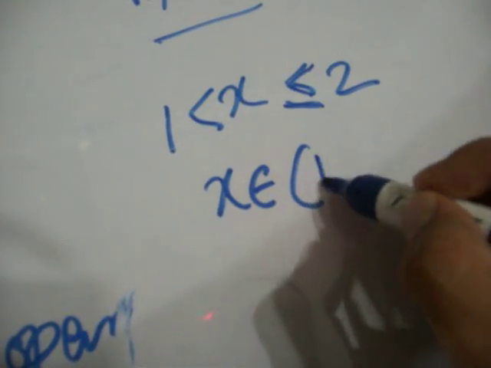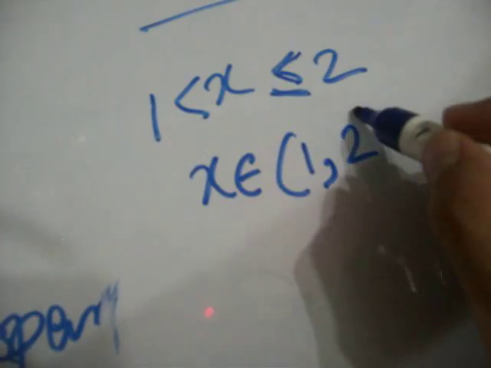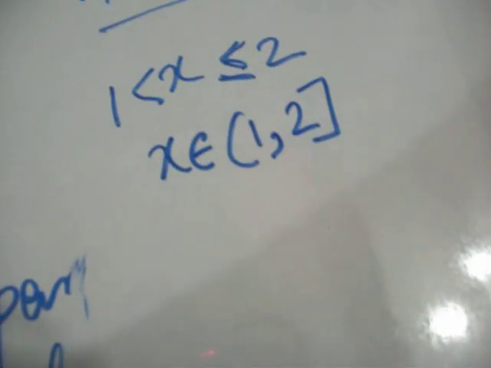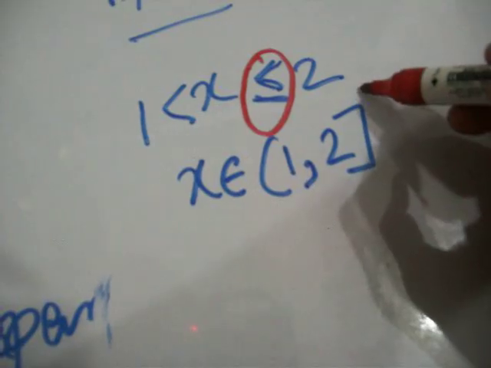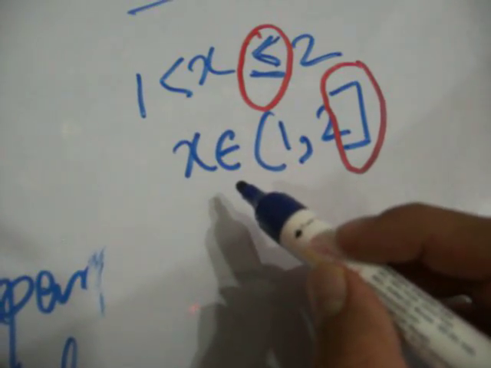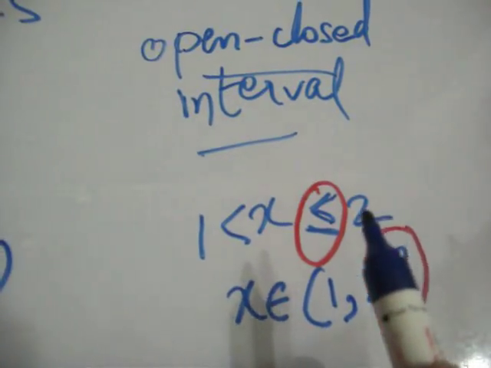You'll get all this by the end of this video. This sign corresponds to this sign. So this means that x has a value between 1 and 2, and it can also have the value 2. This is the open close interval.